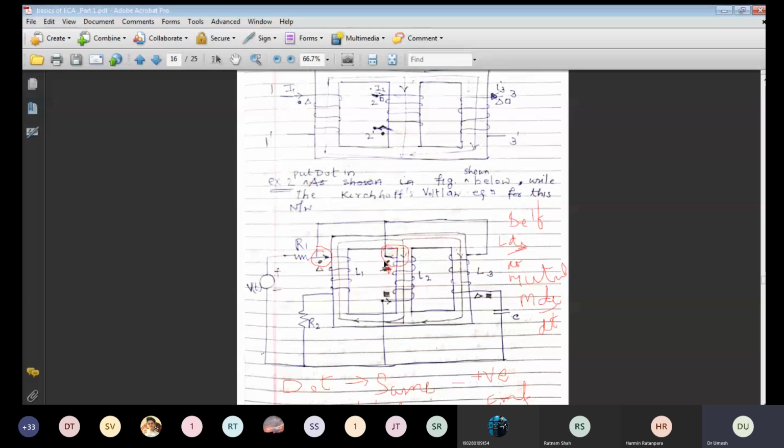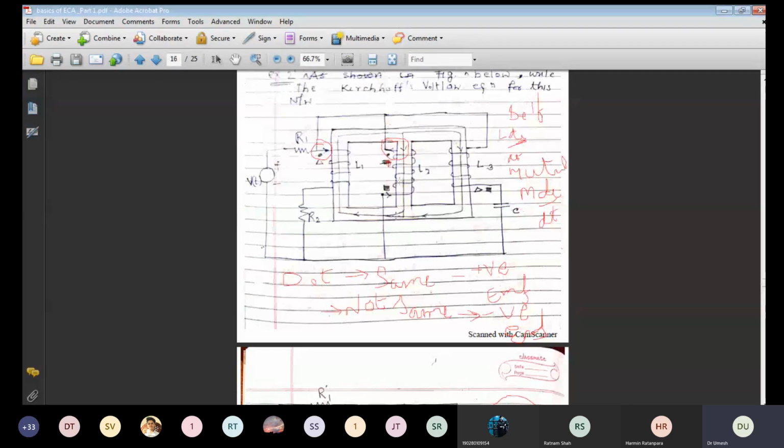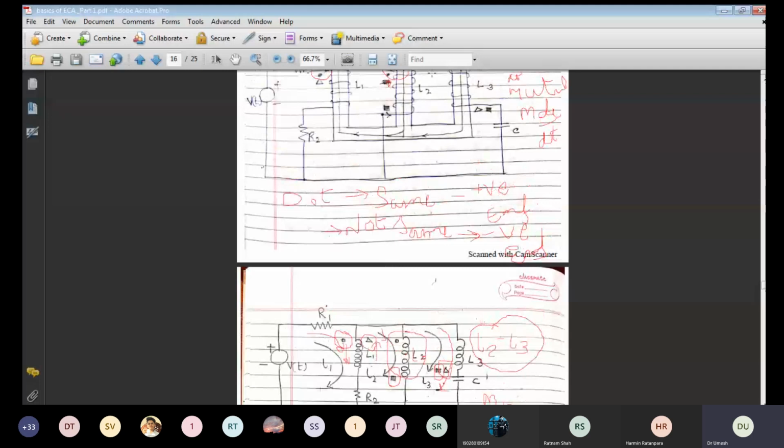And one more type, where this circuit is given and you have to draw another circuit from it. You may be asked to find the actual core circuit, so you have to convert this circuit into that circuit. So in this way we can put a dot and find out the value, right?